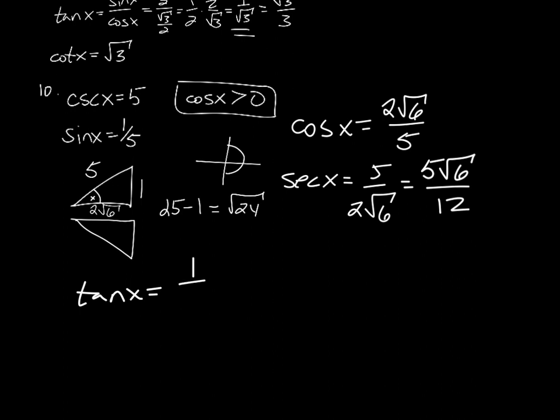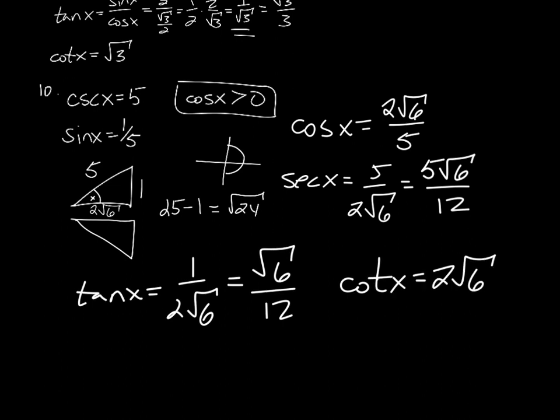He's simplifying it, so it starts like that. Multiply by radical 6, top and bottom. And then tangent should be 2 square root of 6. Is that okay? We're just playing around with it, right?